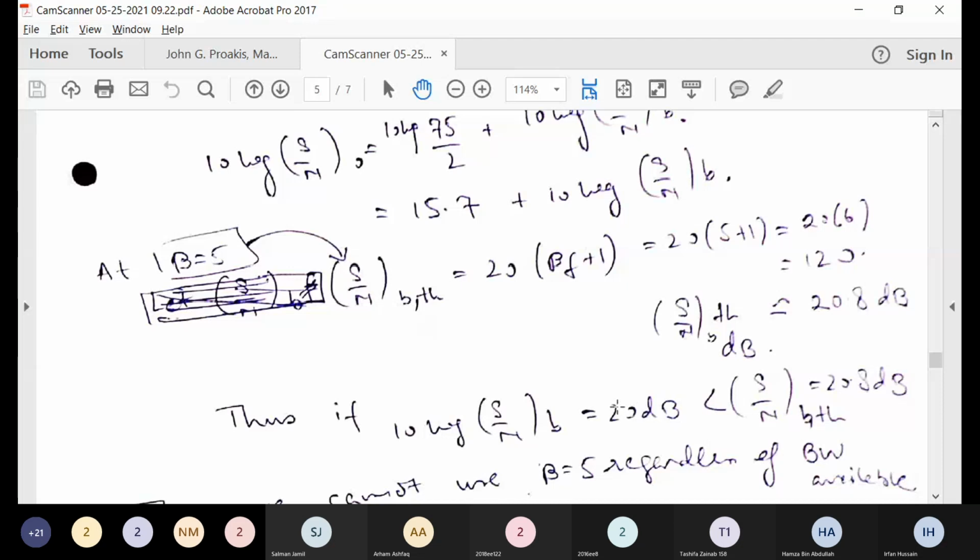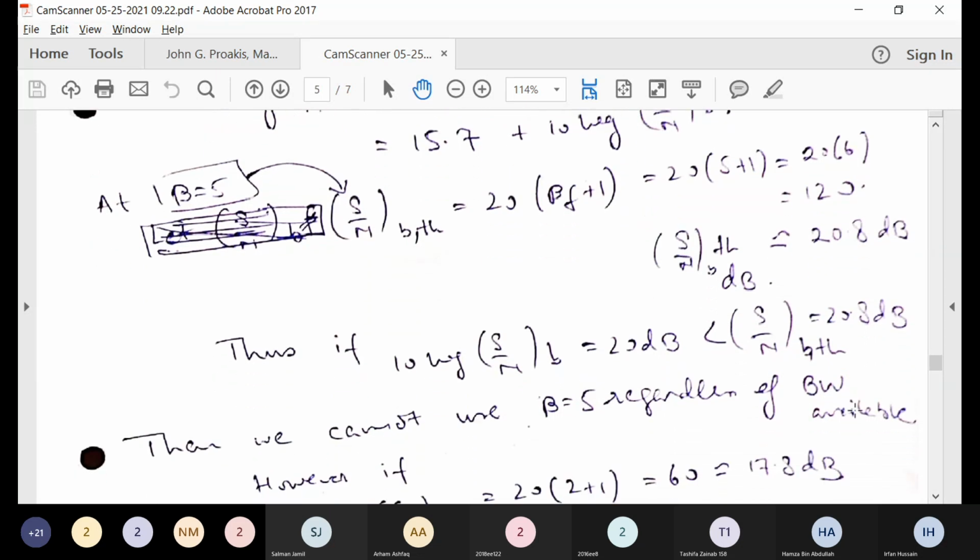So if the signal to noise ratio at the input of the demodulator is less than this threshold, then sorry, you will not get this 15.7 dB gain in addition to the gain at the baseband level, because your signal to noise ratio at the input is less than the required threshold.